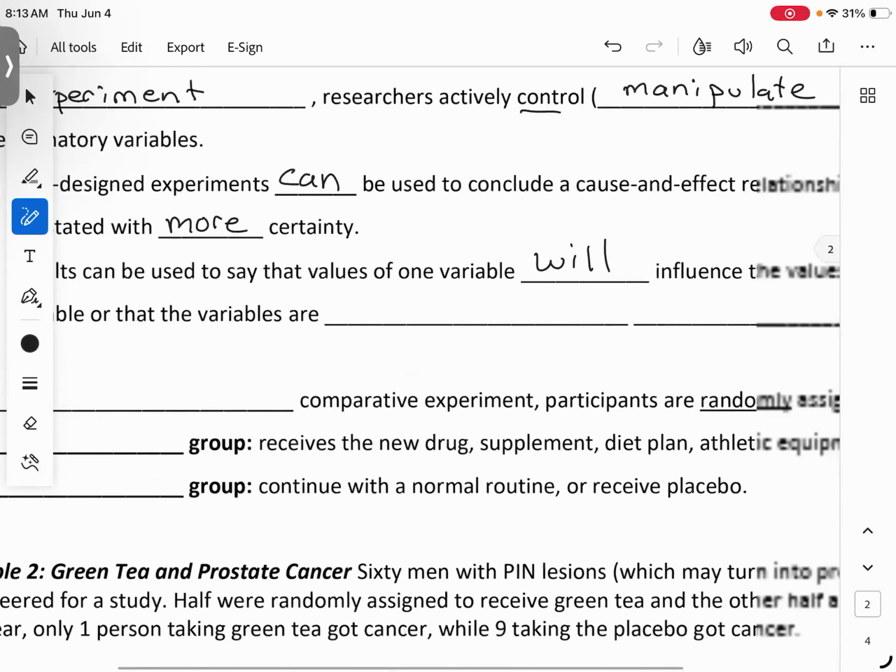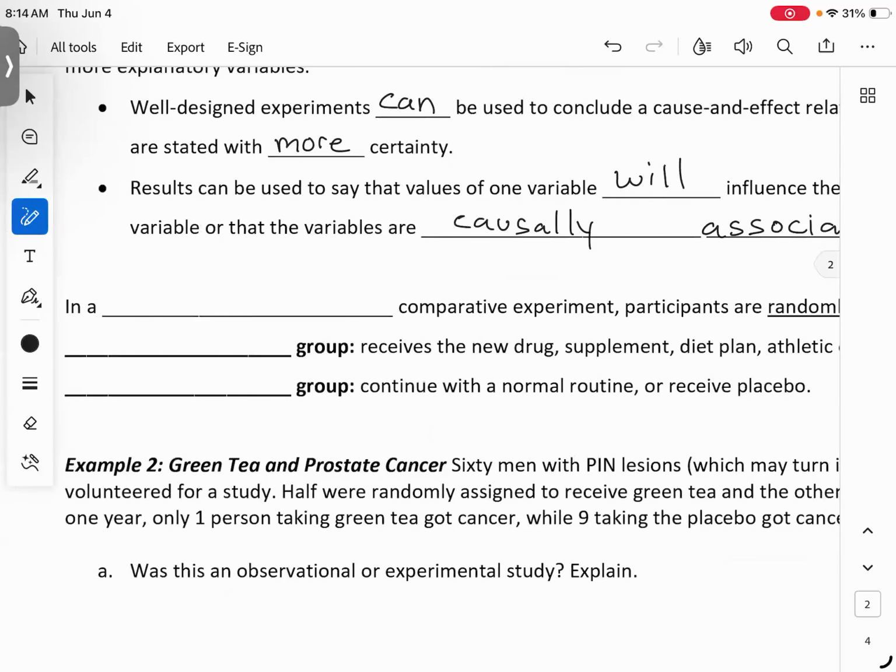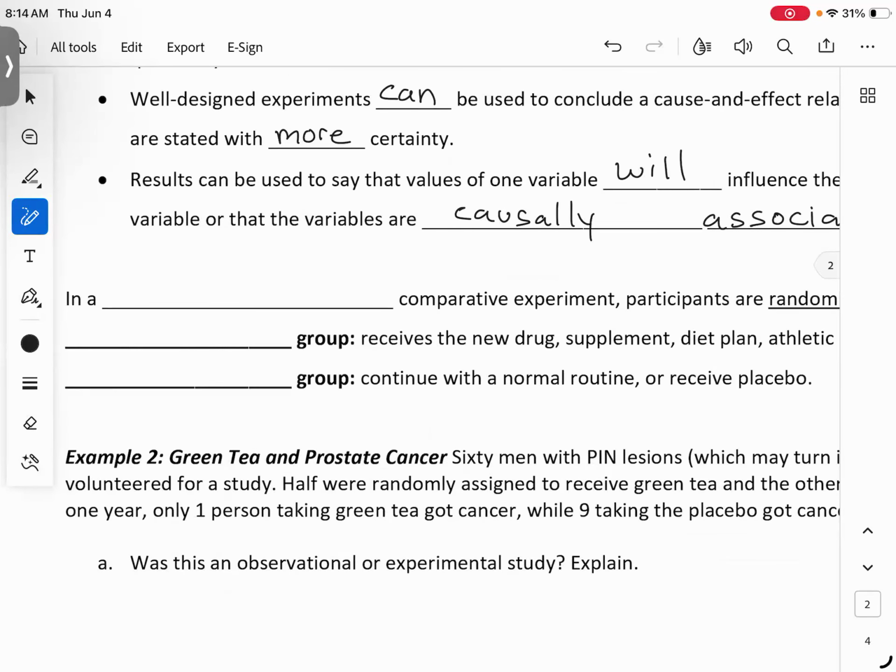All right. Getting into the whole idea of cause and effect, things said with more certainty. What we're going to be looking at is what we mean when something is a well designed experiment. And again, in section 1.2, we talked about things being done randomly being the word of all words in this chapter one.